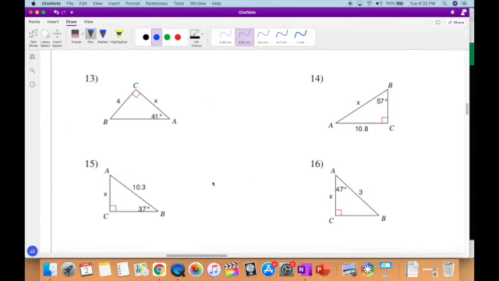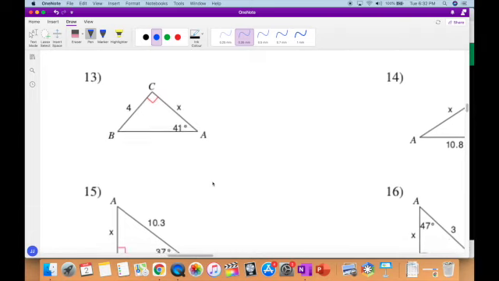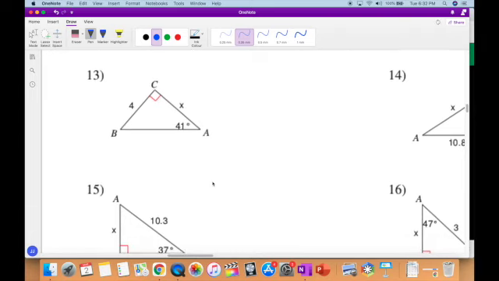Yeah. Right. But in this case, you can see that we don't have to find the angle. We have the angle, so we just have to decide which trig to use. So we have SOH CAH TOA. And what are the sides we're dealing with here? Well, the side that we want to find is the adjacent.